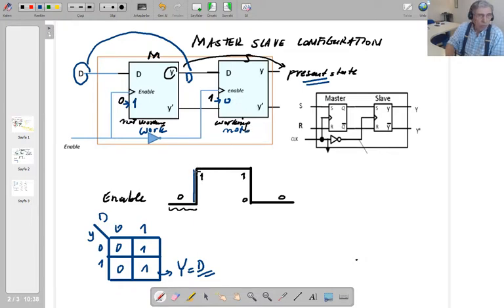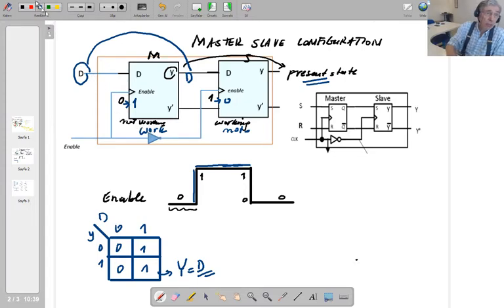So no change at the output. If I keep it in this time interval as 1, there's no change because this is not working, and that transfers that T to the output of the first T memory element. So no change up to here.